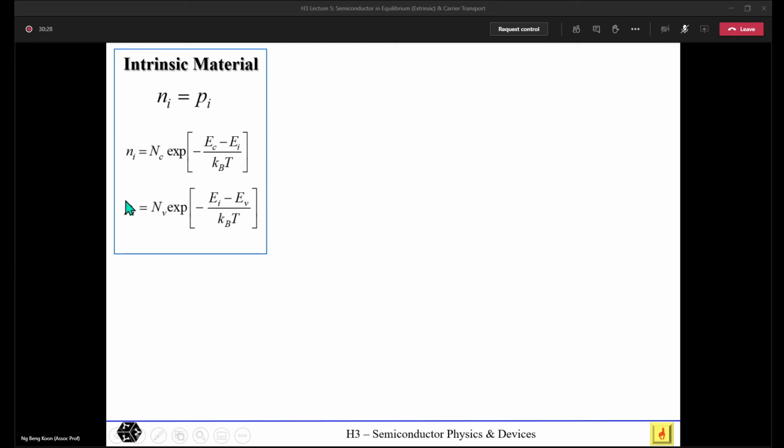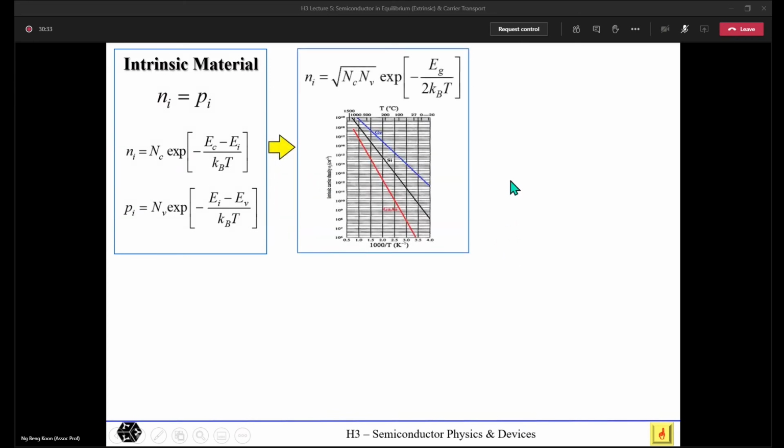Similarly, you get another expression for P_i, and we can make use of these expressions to find an expression for N_i in terms of the band gap, by multiplying N_i and P_i together. If you multiply the two and simplify, you find that the intrinsic Fermi level cancels out in the exponential term, leaving behind an E_g term. That allows you to express N_i in terms of E_g.